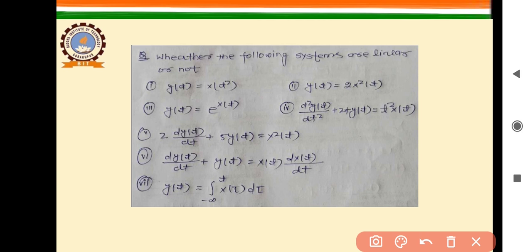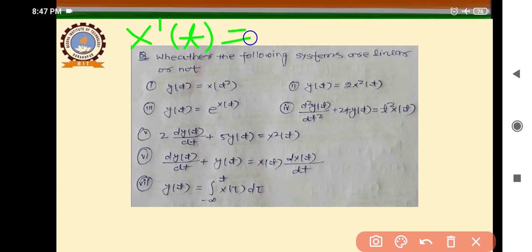In the next case, I will assume another variable as x dash (t) is equal to x1(t) plus x2(t).